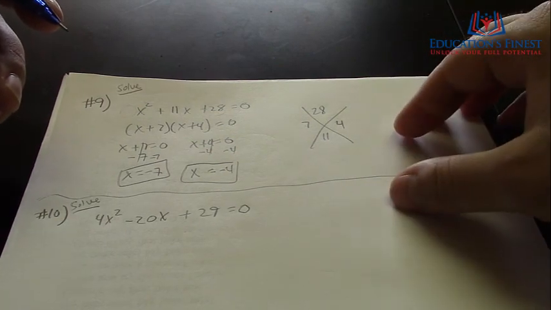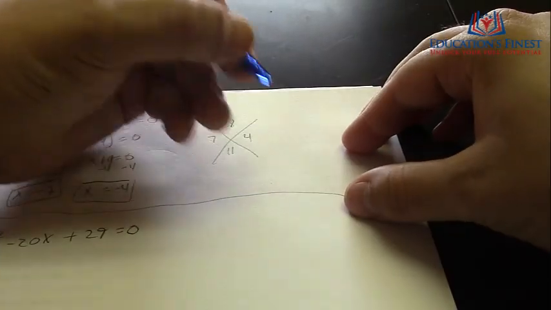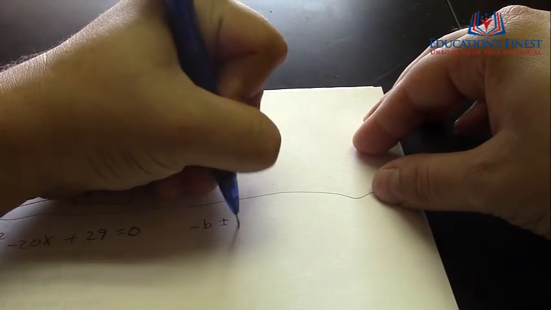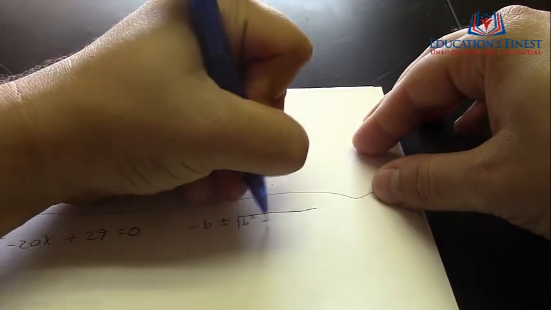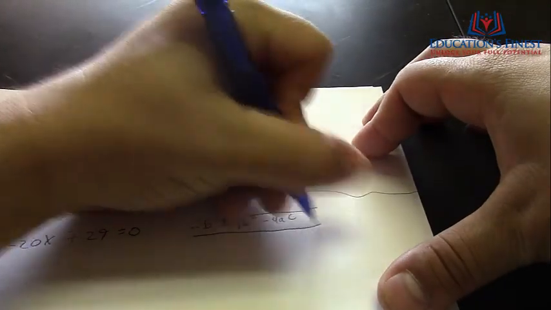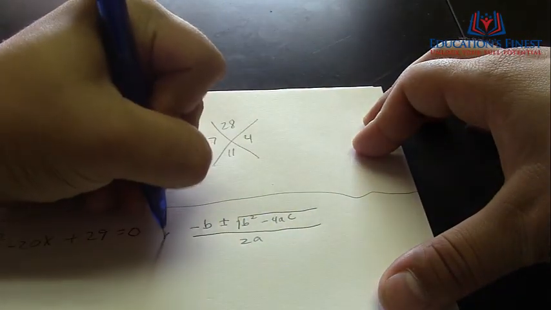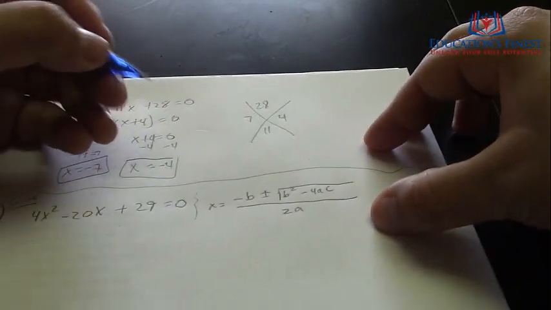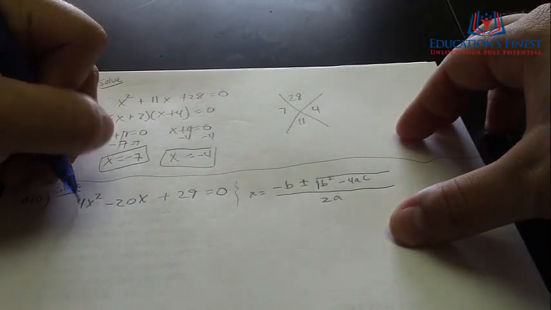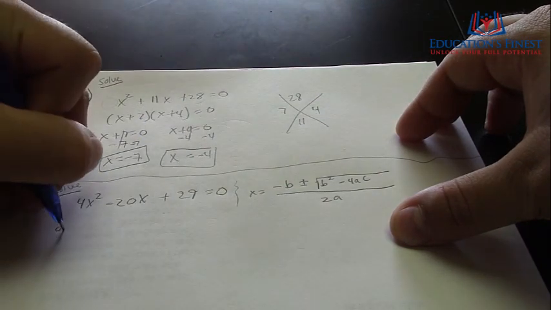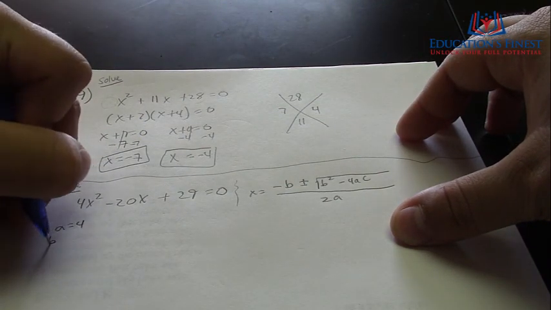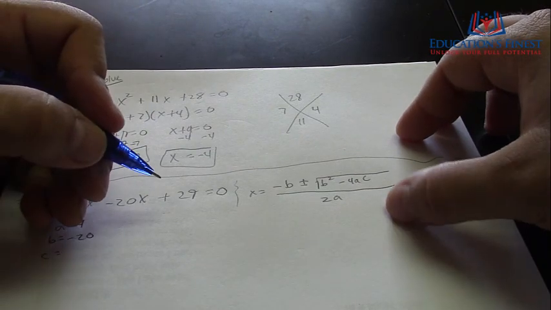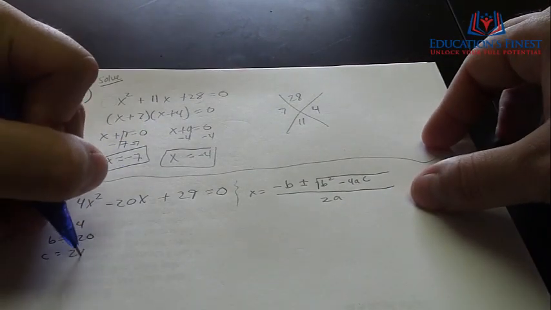The quadratic formula is x equals -b plus or minus the square root of b squared minus 4ac, all over 2a, okay? So over here, this is our a, this is our b, this is our c. a is going to equal 4, b is going to equal -20, and c is going to equal 29.